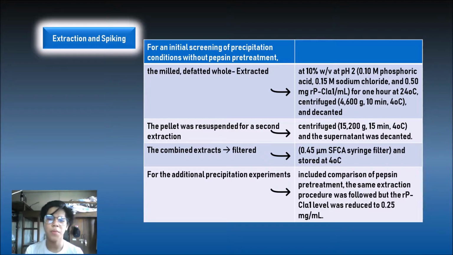For the additional precipitation experiments that include the comparison of pepsin treatment, the same extraction procedure was followed, but the rhCL alpha 1 level was reduced to 0.25 milligram per ml.